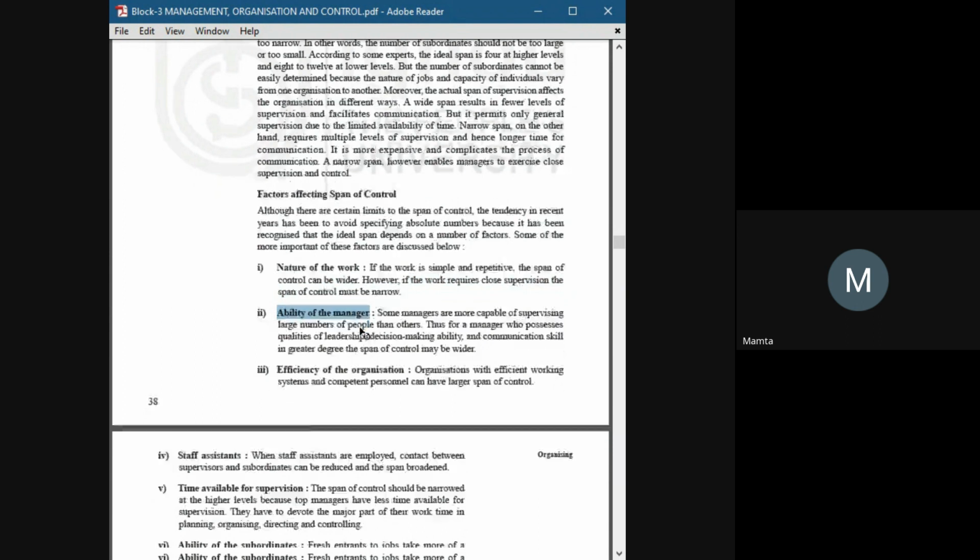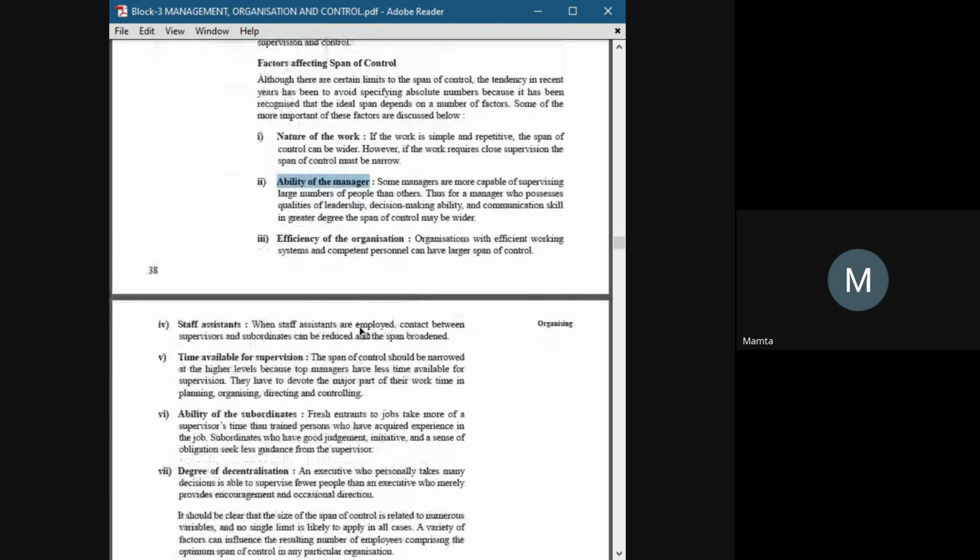Ability of manager. It depends on the ability of the manager too, meaning how able we are to supervise many people at a time. So it's the skill of managing many people at a given time. Efficiency of the organization.